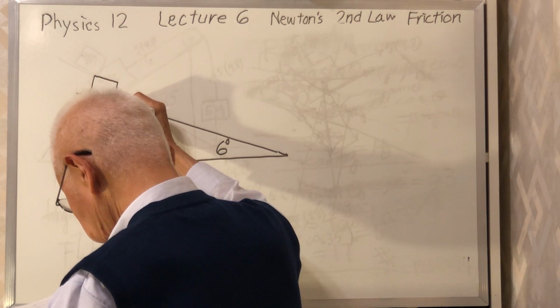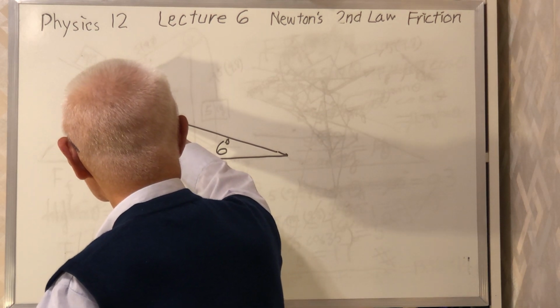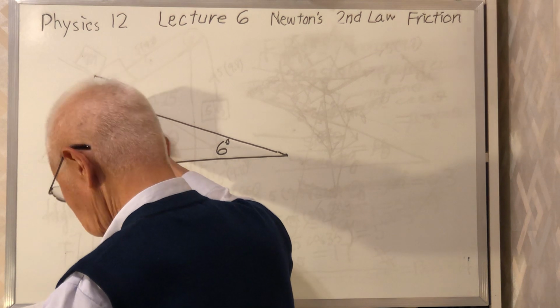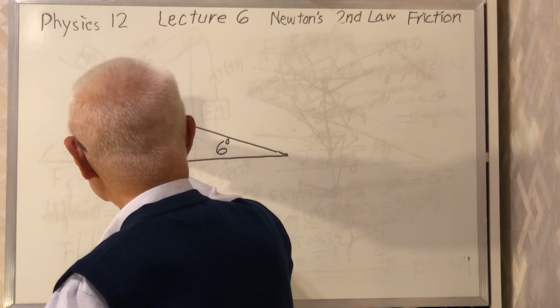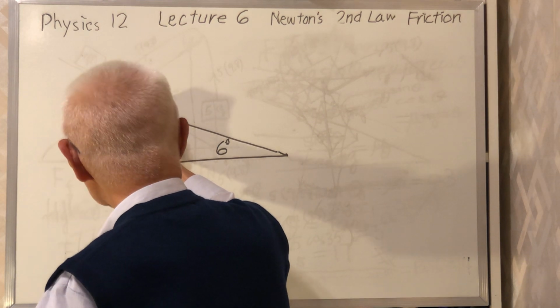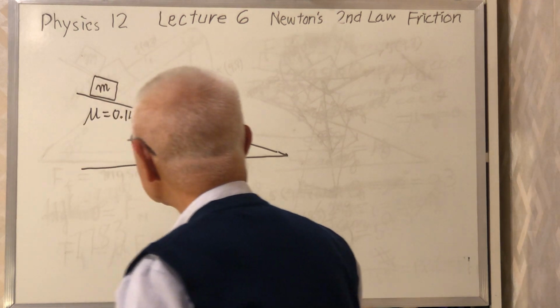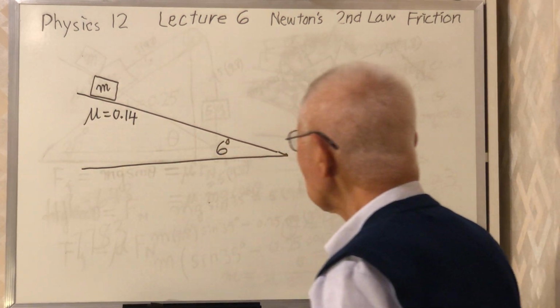And the mass is not given. You can say it is m. And the mu, coefficient of friction, is 0.14.